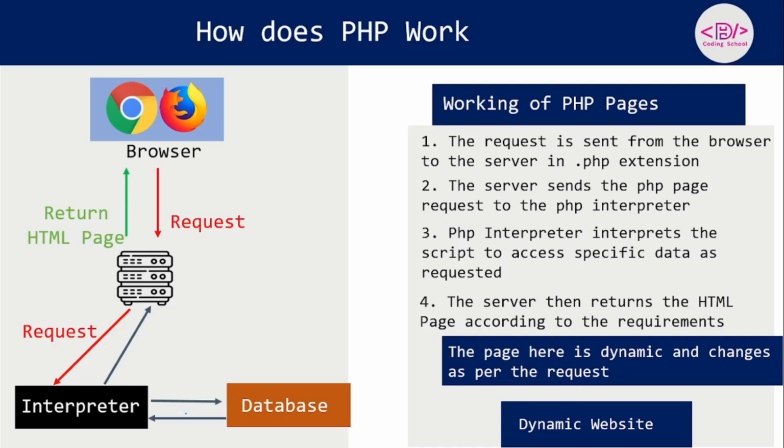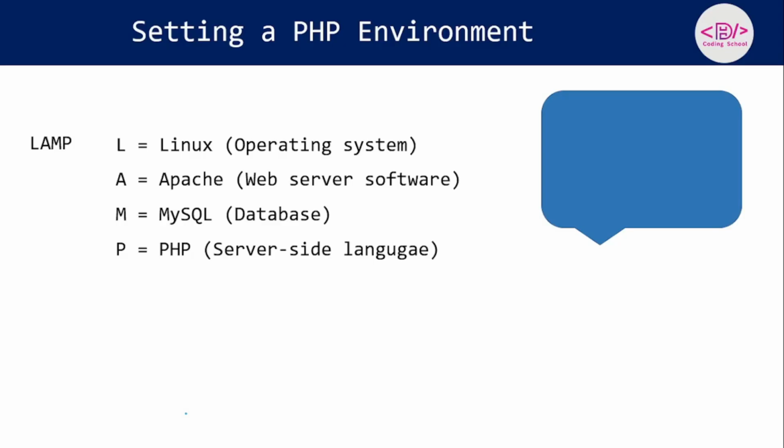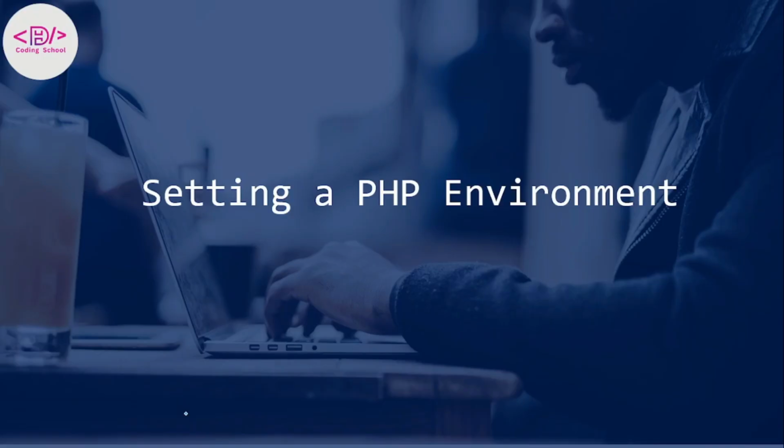Okay, but for now, let's see how we can set up a PHP environment. Before we write code, we have to have a number of things for us to be able to start writing some PHP code. So how do we set up this environment?